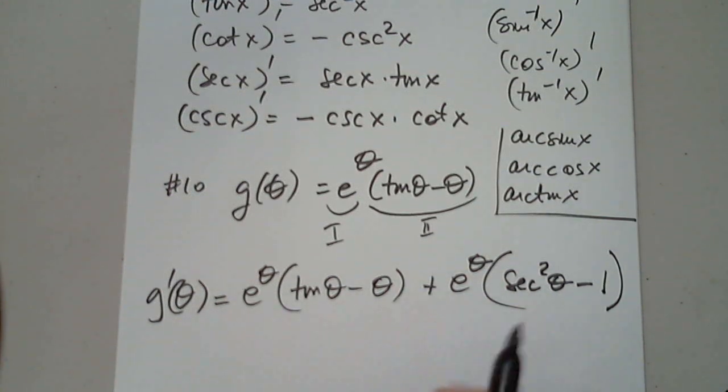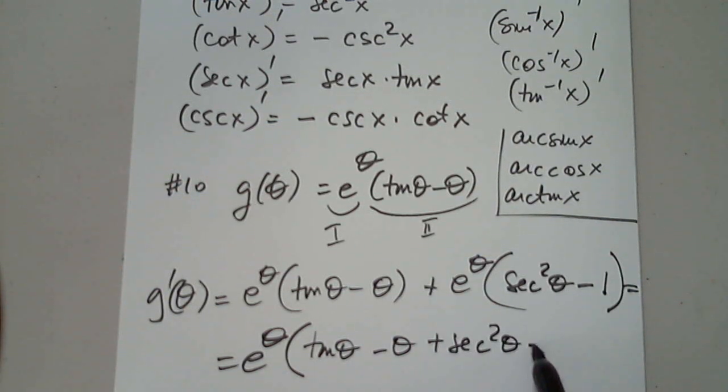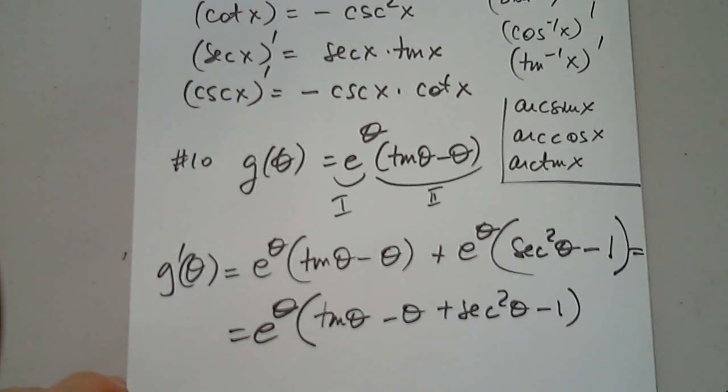What we can do here is just simply factor out e to theta, and all we have to do is write tangent theta plus secant squared theta minus 1. And there is nothing else we can do. Would we have gotten points if we didn't simplify it? I will make sure that I explain that, or I clarify it, and it's in the requirement of the problem.